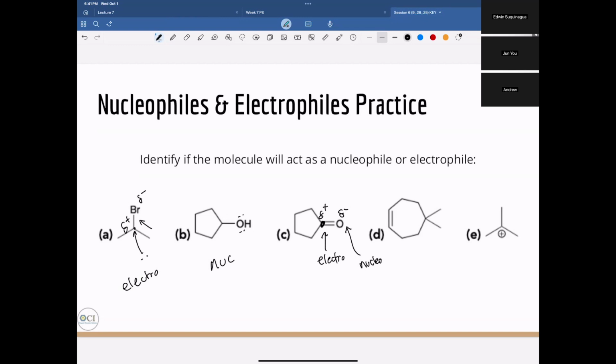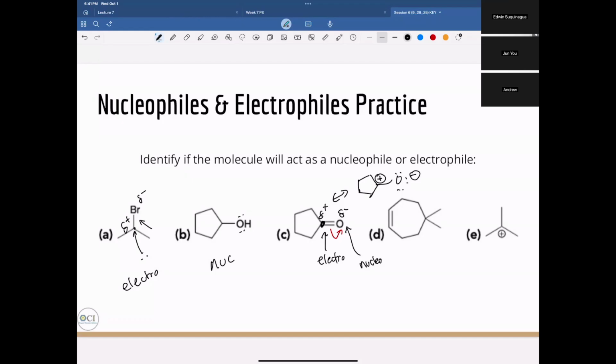Oh yeah, we can do resonance here because it's a difference of electronegativity. So you can get something like this. And then we can see clearly that we have full negative and positive charges, so we can mark these as both an electrophile and a nucleophile.